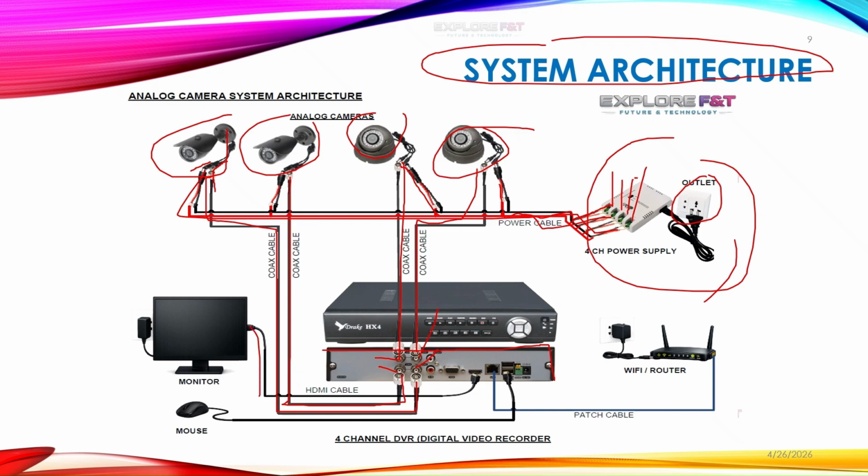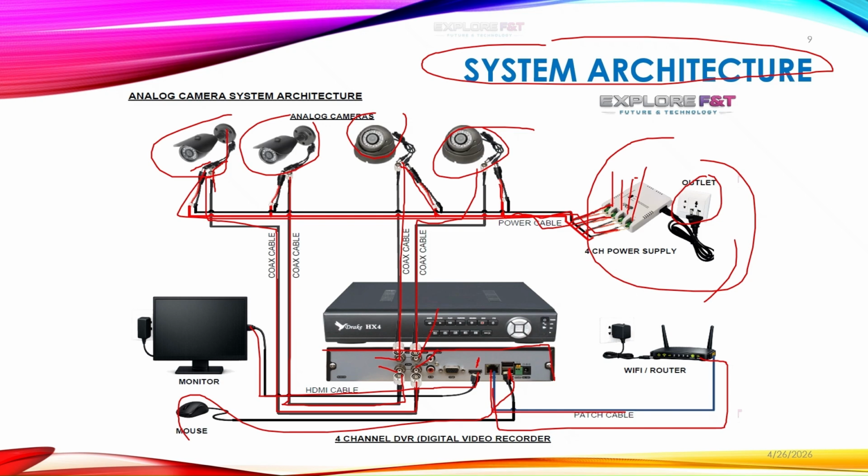That monitor will connect with an HDMI cable using this port. This is the HDMI port. And a mouse you can connect here, there are 2 USB ports, you can connect the mouse directly. And there is a Wi-Fi router, it will connect over the Ethernet port. So this is the complete setup of the DVR and its architecture for a 4 camera, 4 channel system, and the DVR is also 4 channel.